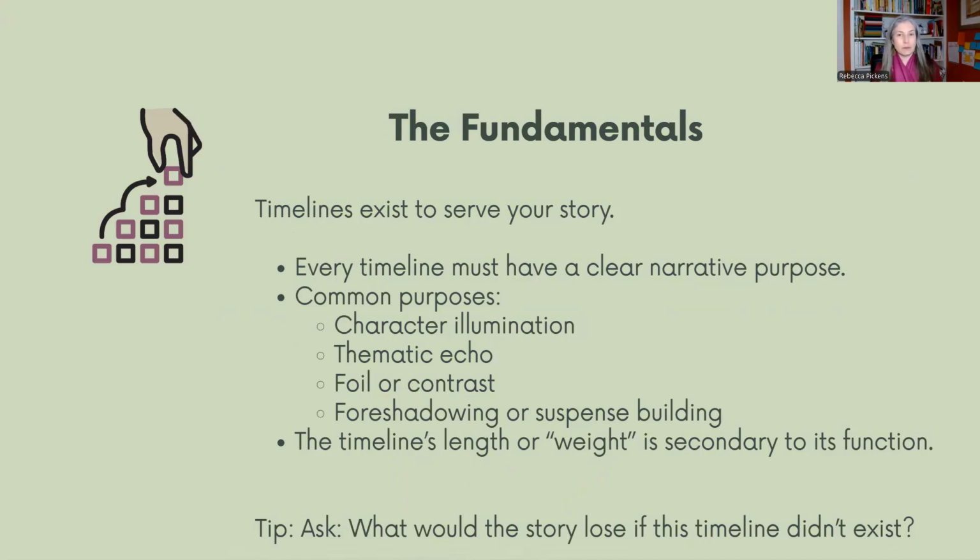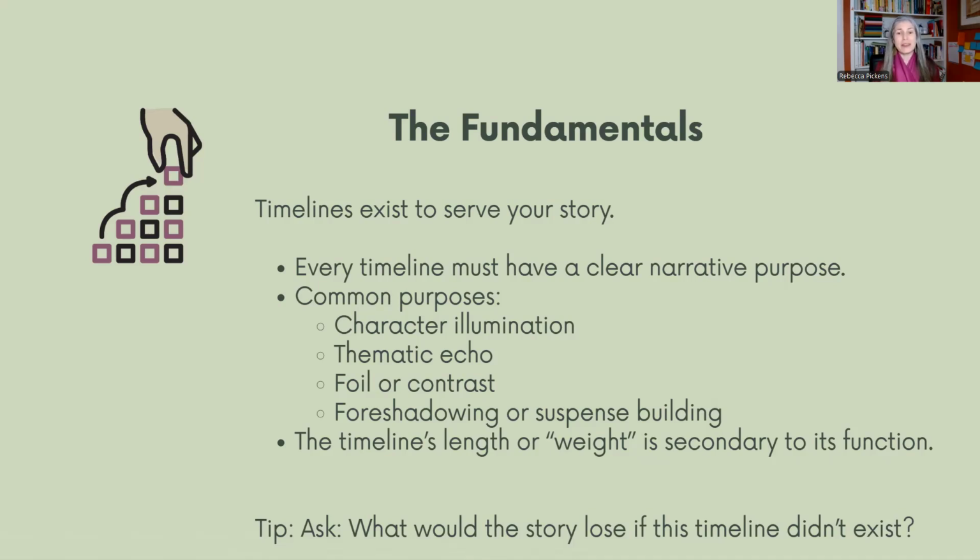Timelines exist, they have very particular functions. First of all, every timeline has to have a narrative purpose. We need to always ask ourselves, why does this timeline need to be? Does it actually need to be? Common reasons for including a timeline are that we get character illumination. There's something about your timeline that tells us important things we want to know about, say, your story's protagonist.